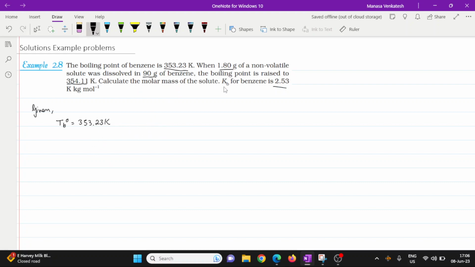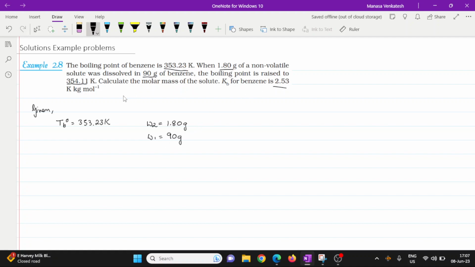So we've been given the mass of the non-volatile solute. So W2 equals 1.80 grams. Then W1 will be equal to 90 grams, because we've been given the mass of the solvent, that is W1.